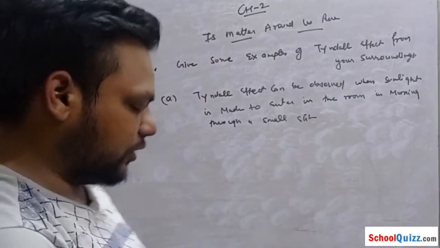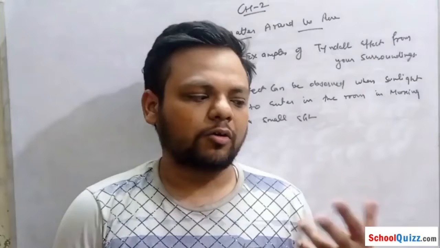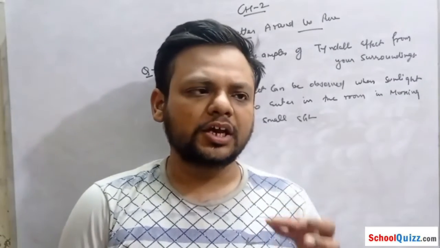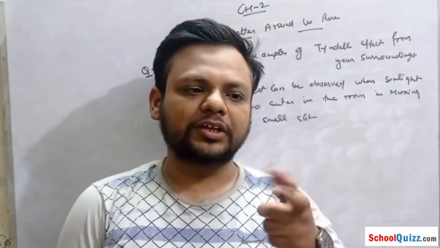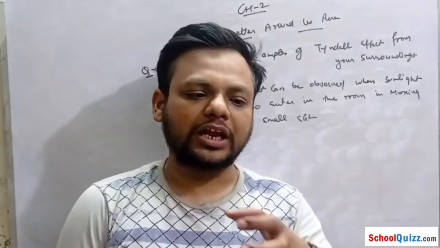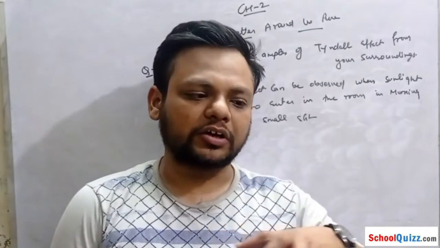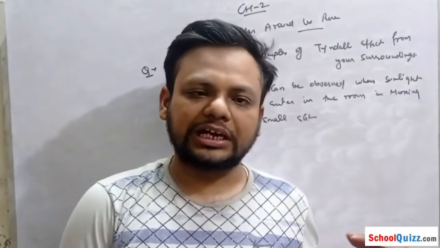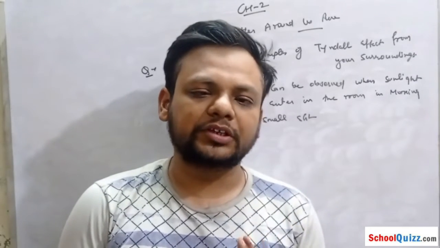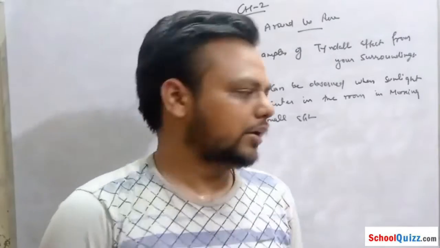We have already seen that when you see in the morning, if there is any hole, like in a window or a ventilator, sunlight will come in and dust particles are visible. Why is it visible? Due to Tyndall effect.